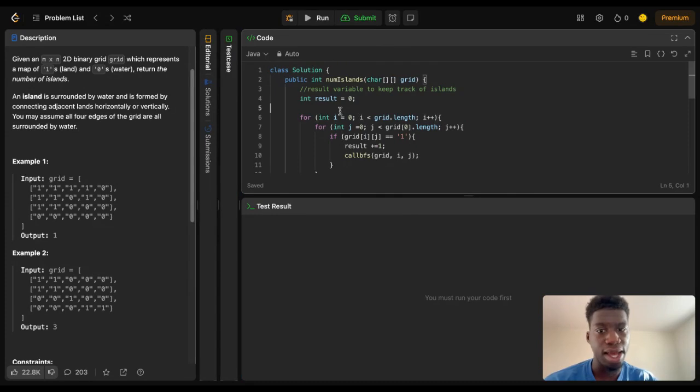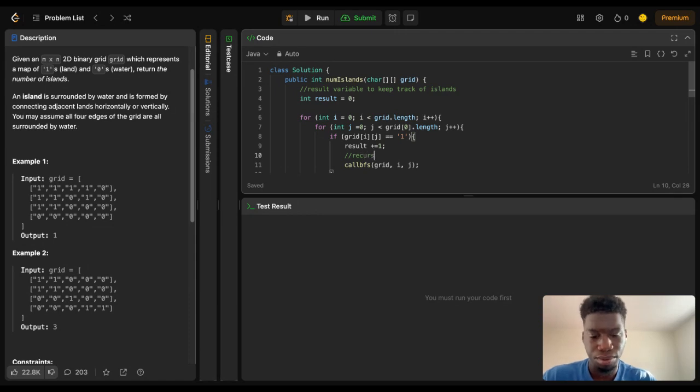Then you guys already know this: I use two for loops to go over the grid, the 2D array, simple. If grid of i of j equals 1, that's when it's already land. Then we call BFS.